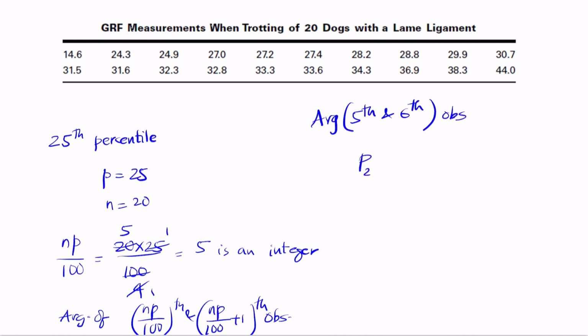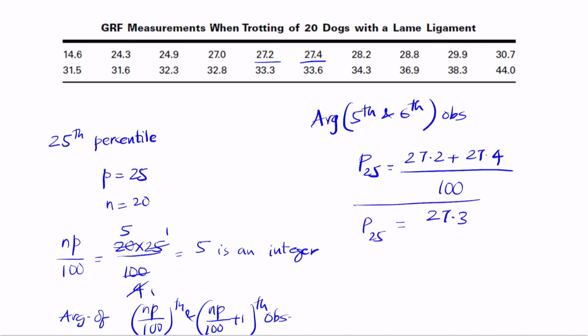The 5th observation here is 27.2 and the 6th observation is 27.4. So you get 27.2 plus 27.4 divided by 2, so that becomes 27.3. So the 25th percentile of this data is 27.3. So this is how you find the answer.